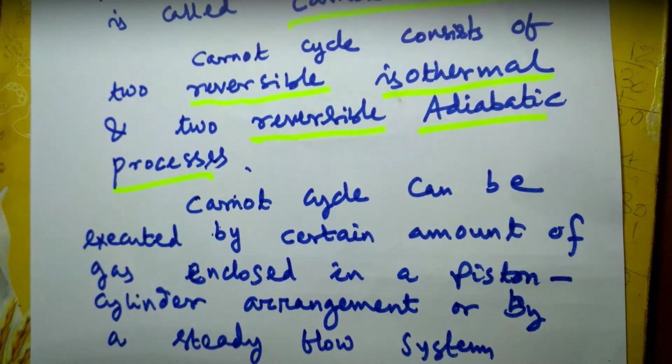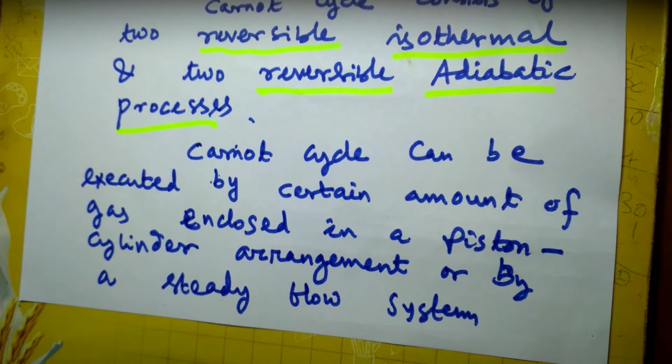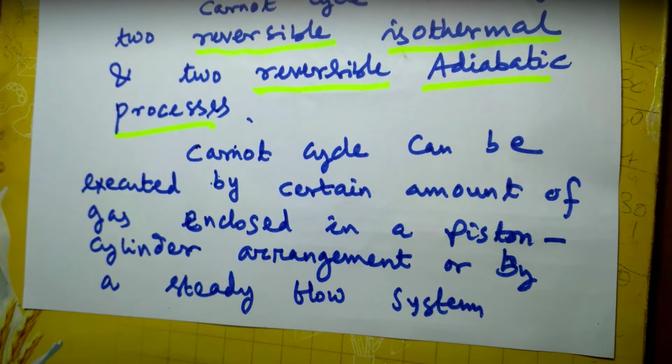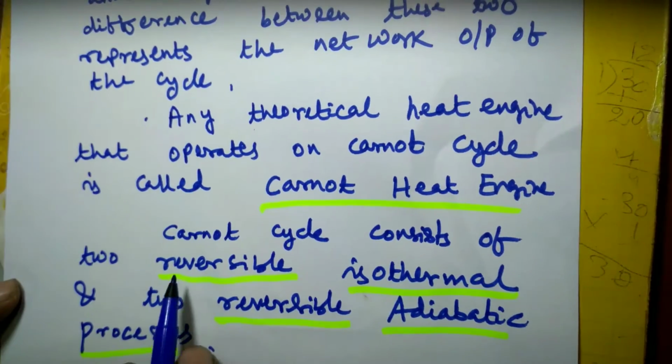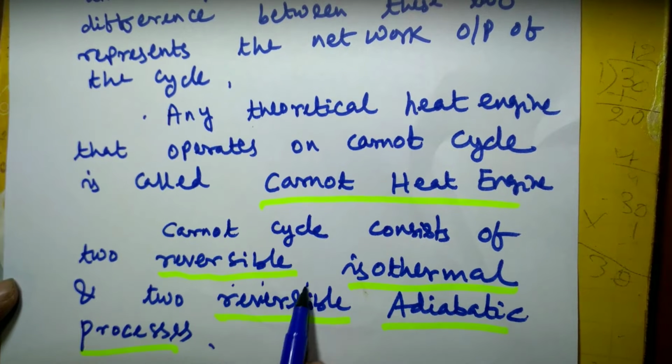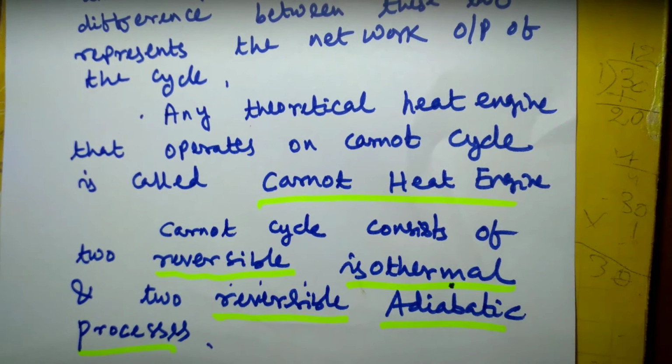An example of a steady flow system is a steam power plant, where boiler, turbine, condenser and pump are the four components, and that constitutes a steady flow system. That can also operate on the Carnot cycle, and a certain amount of gas enclosed in a piston cylinder arrangement can also operate on it.